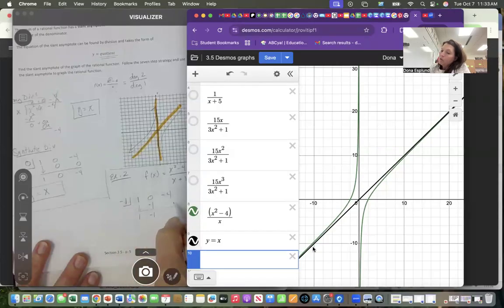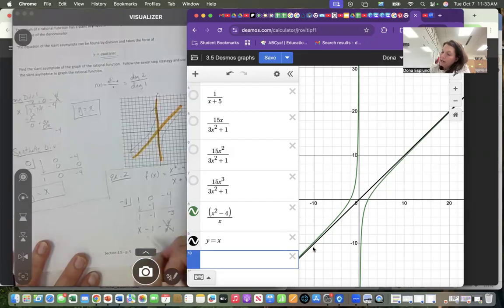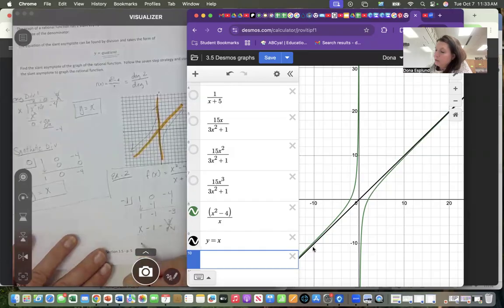Negative 1 times negative 1 is 1, and then I end up with 3. So my reduced polynomial will be x minus 1 minus 3 over x plus 1, which is my remainder. I'm going to get rid of my remainder and only use my quotient. So my slant asymptote would be y equals x minus 1.